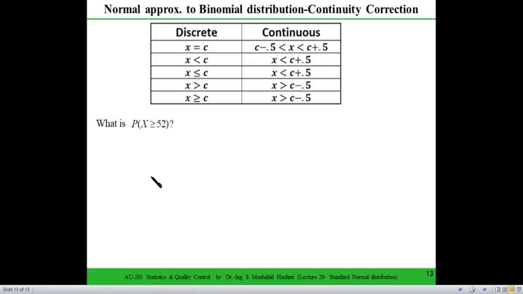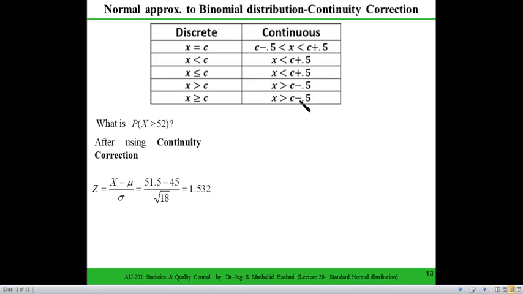Let's say for the previous problem, where we have to calculate the probability for a value greater than or equal to 52. x greater than or equal to 52 means x should be greater than 52 minus 0.5, which is 51.5. So instead of using the x value 52, I am going to use 51.5 after performing the correction.